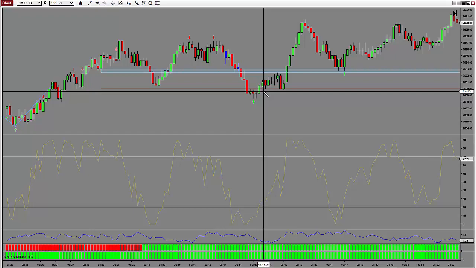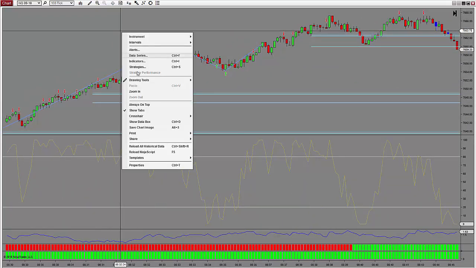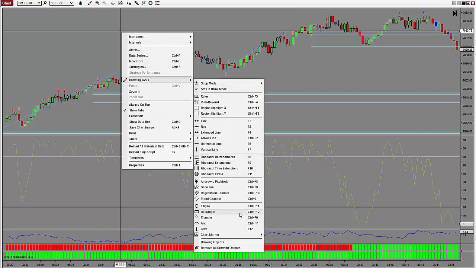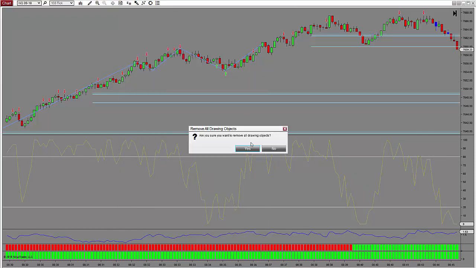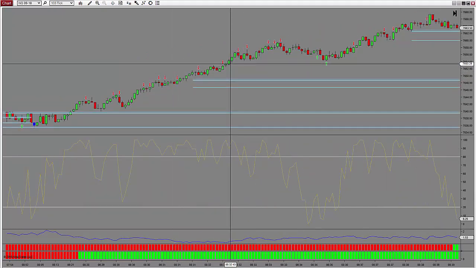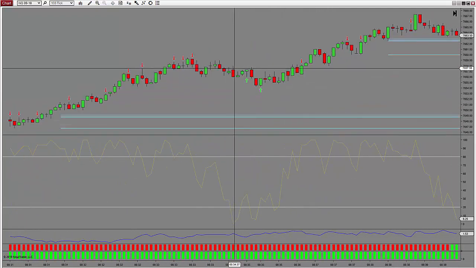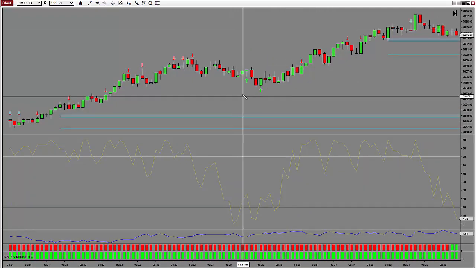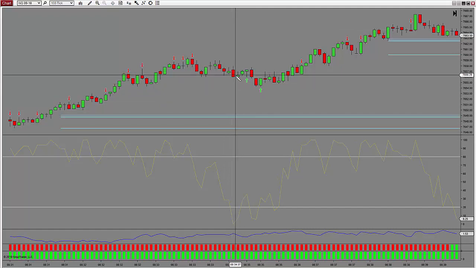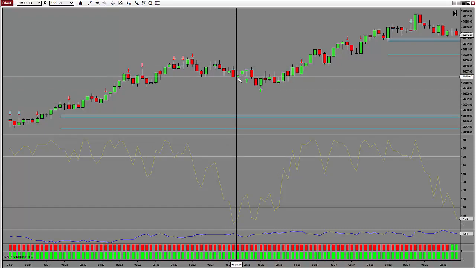All right, finally, let's talk about divergence. Let me remove all these lines here. All right. Divergence. All divergence is when price makes a low, you can record that low.